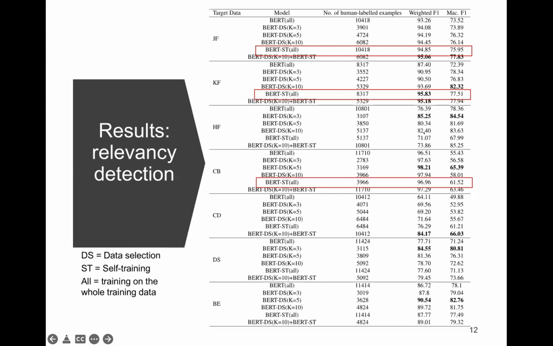We found out the reason: many of the irrelevant or misclassified instances that were added to the training data sets damaged the performance. So in this case, it works worse than using all the data set. For other cases, it achieved comparable performance, and the best performance is related to the COVID-19 data.